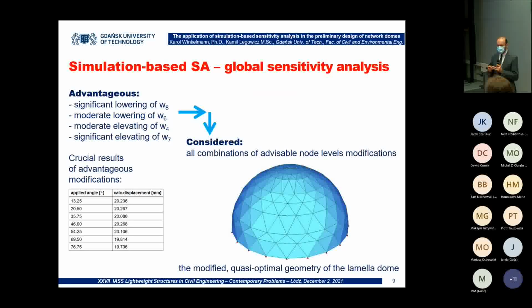The modifications are different in order to capture the equilibrium between the state of the structure, so the stresses or the displacement, and the cost to construct such a dome.